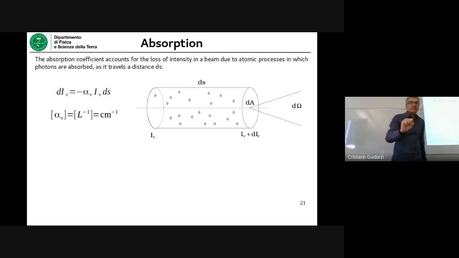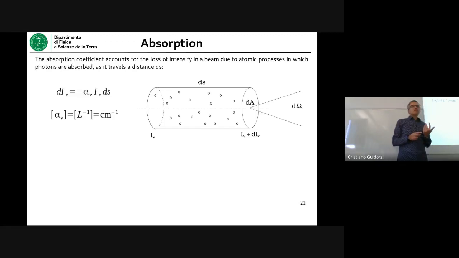Again, let's consider a generic cylinder which is crossed by the radiation. I tell you that the decrease of intensity, which I call again dI_nu, of course this is a decrease, so the change is negative. That explains the minus sign.